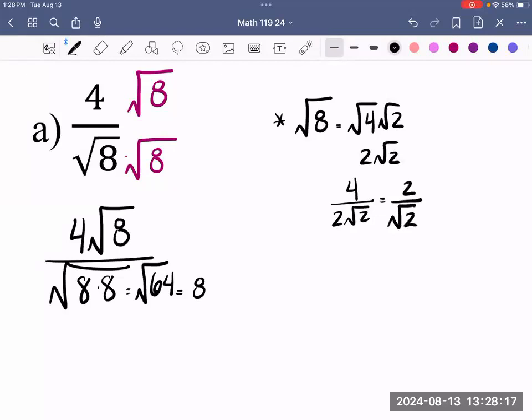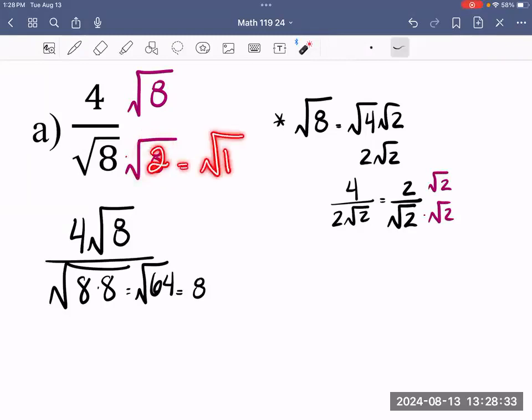That's one way, but it's still leaving you with the square root in the bottom, in which case you would still have to rationalize to get it out of there. You could also say, instead of multiplying by an 8, you could multiply by a 2 to make it 16, to then get you a 4, and then multiply up here, right? So lots of different ways to tackle this one.